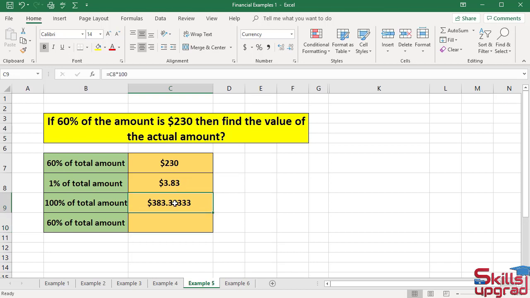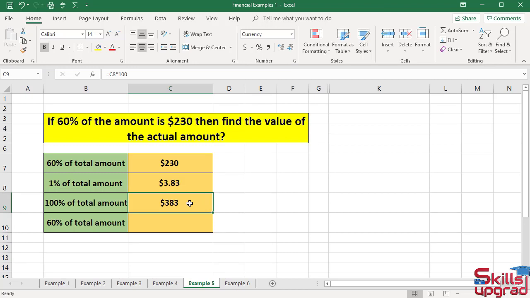Again active this cell. Decrease the decimal places of that value. Decrease decimal places up to 0. You have 100% of total amount value.